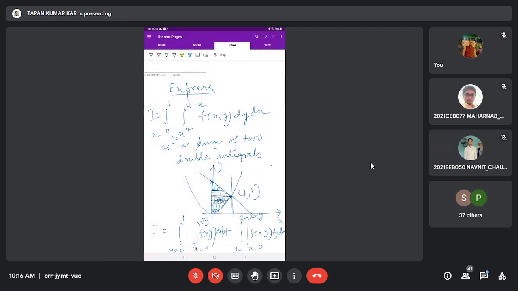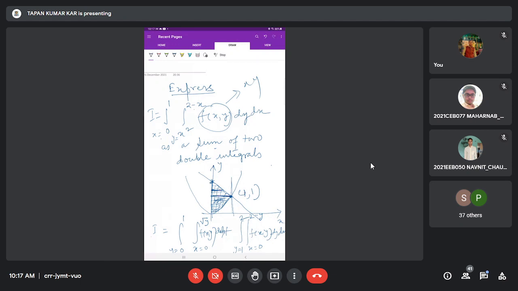And if nothing is given in the question except to express this as a sum of two double integrals, and f(x,y) is given, say for example x into y, then you can also express it as a sum of two double integrals and then evaluate.